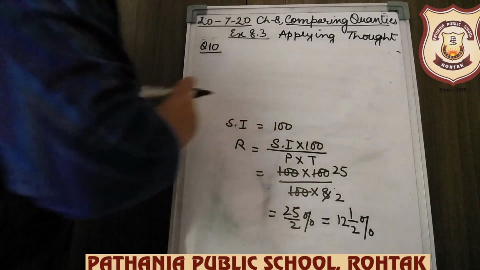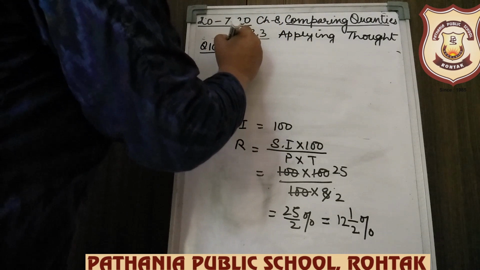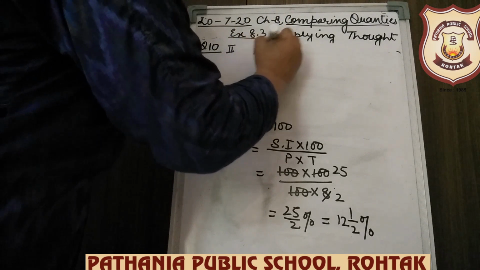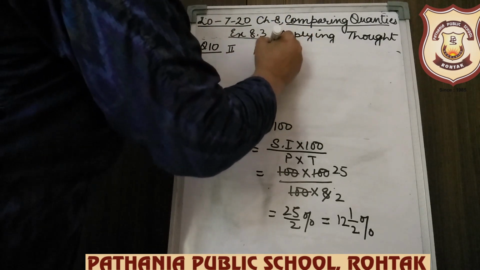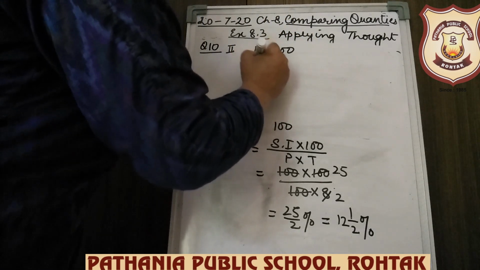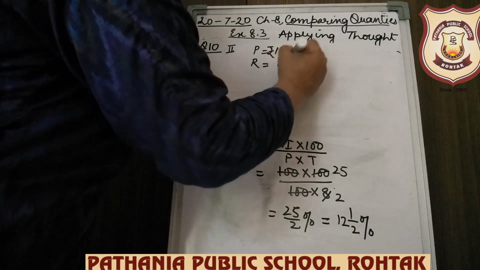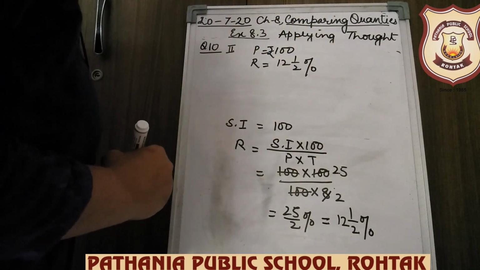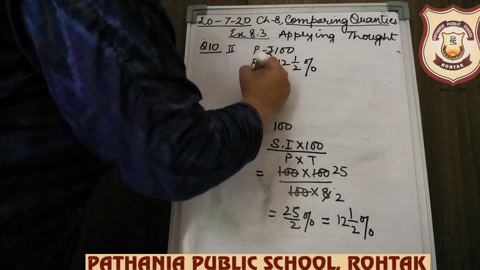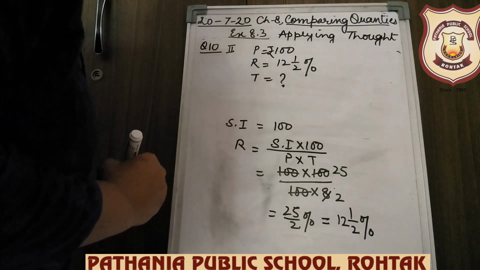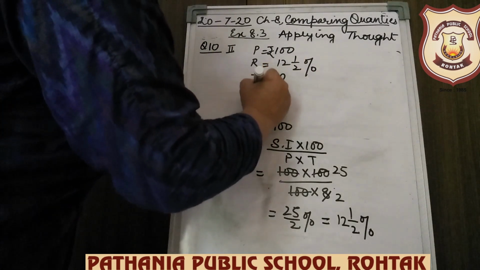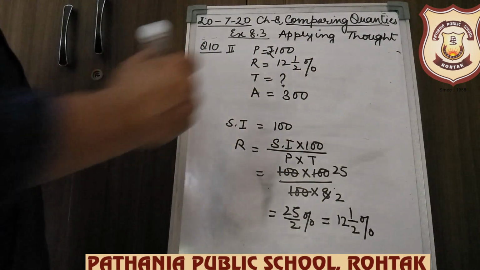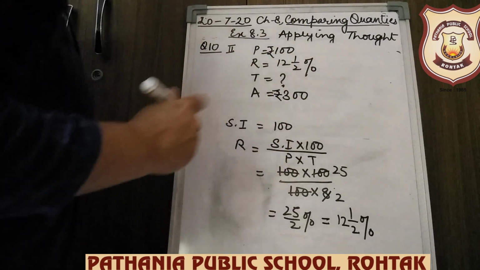This is the second condition of the question, that principal is the same, 100 rupees. Now you got the rate as 12 1/2%, and time you have to find out, and the amount is going to be 3 times, that is 300, when the amount will become 3 times of the principal.